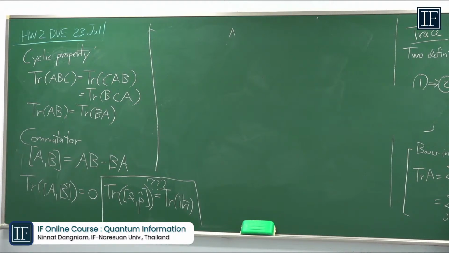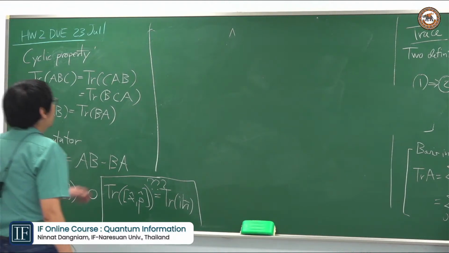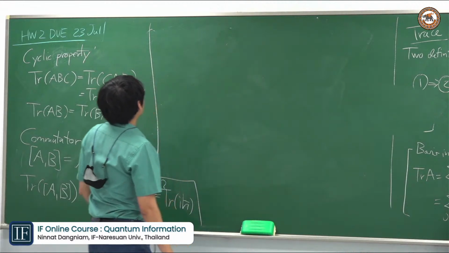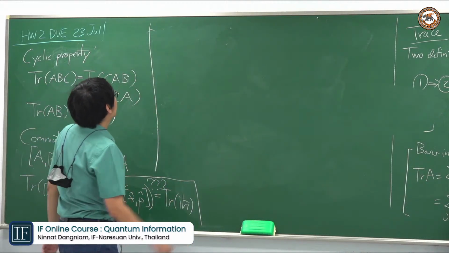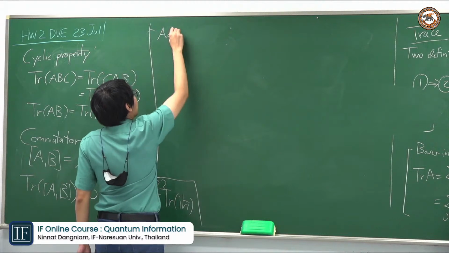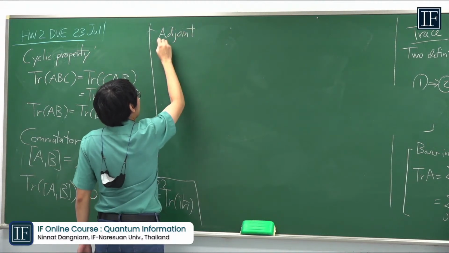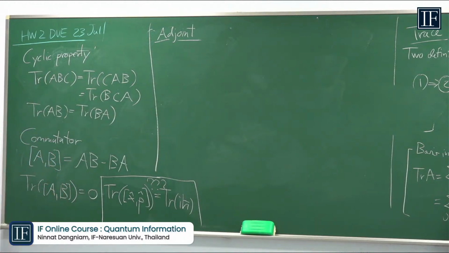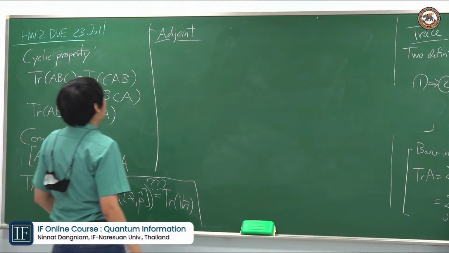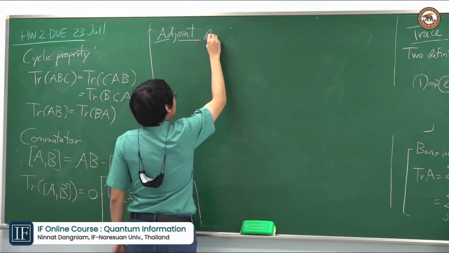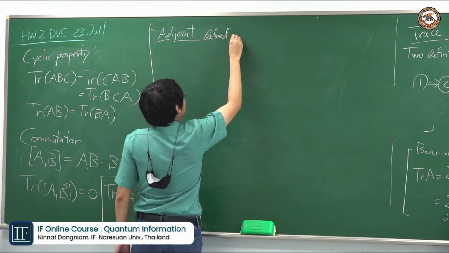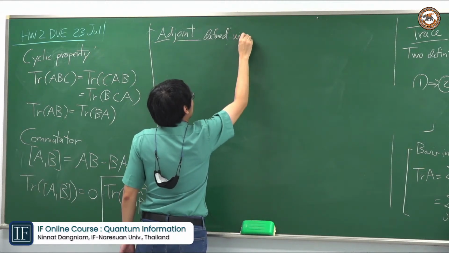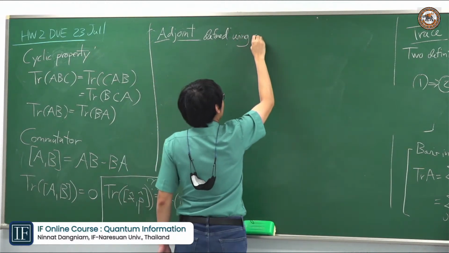Half an hour left. Okay, so we're coming to something as a preparation for something important, the adjoint of an operator. This is defined using it in the product, right?